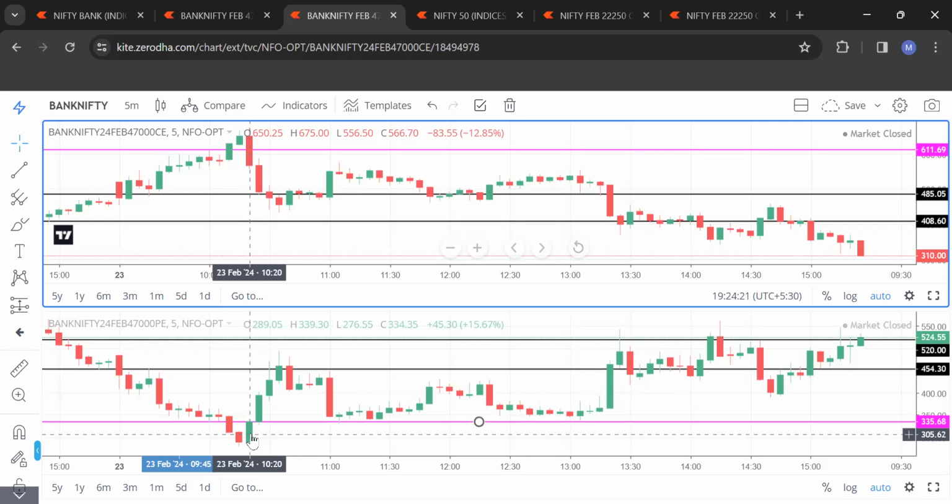It's 62.75. We needed 39 points and now this candle is 62 points. I know this has not yet closed above the upper line, the 335. It doesn't matter because on the opposite side, there is a huge red candle.